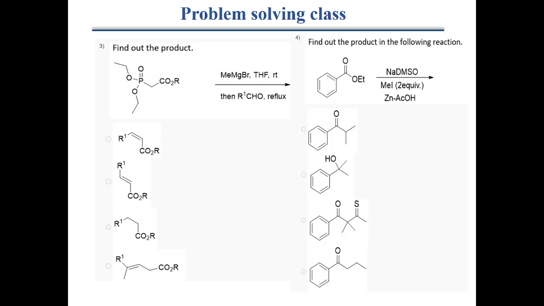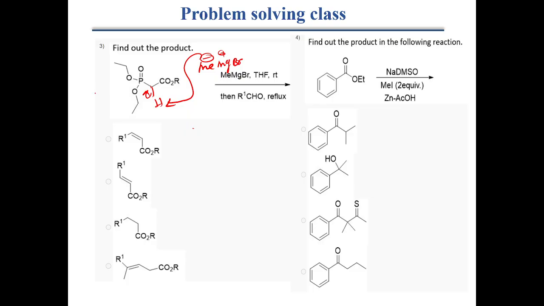The third question is methyl magnesium bromide with this phosphonoester. As this proton is acidic, the methyl abstracts this proton and forms this negative charge.